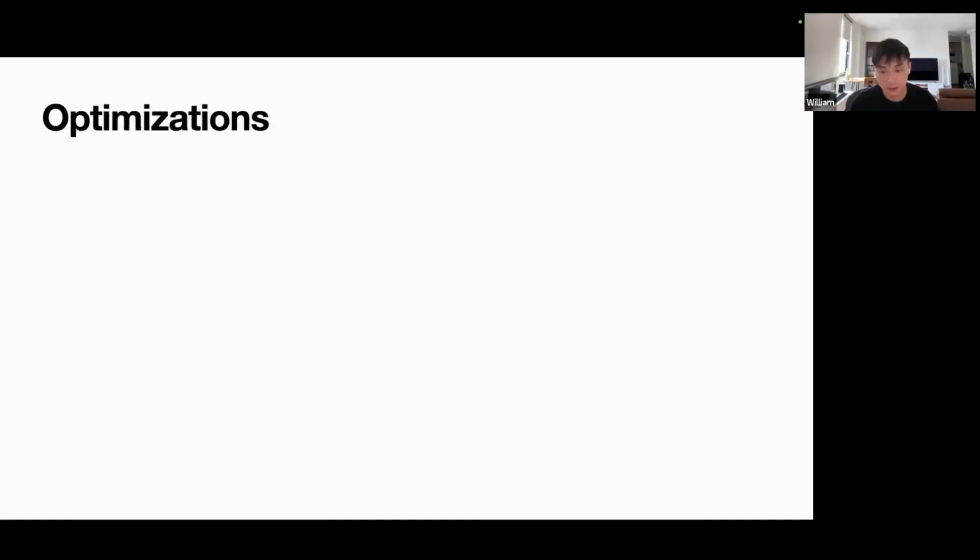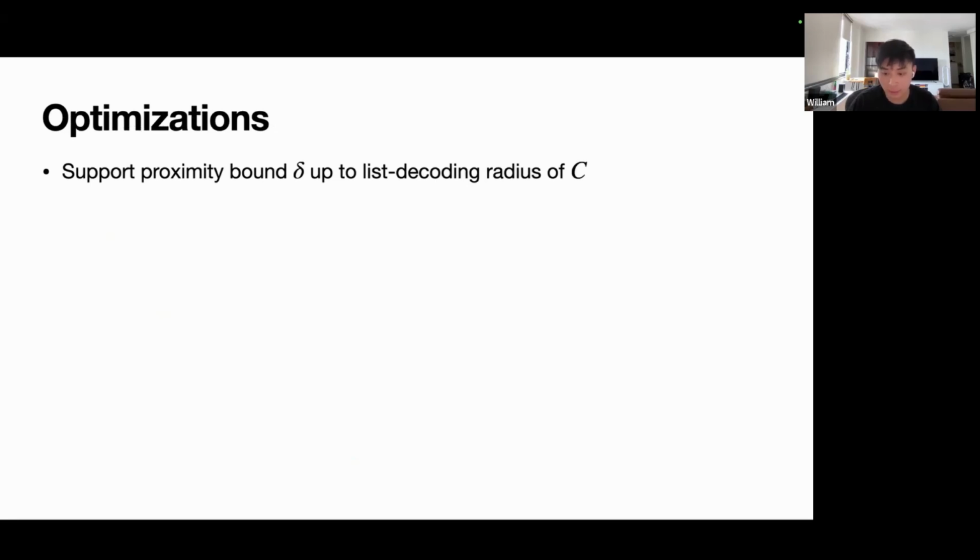Okay. So we also have some optimizations that we talk about in the paper. The first is, yes, so far in this talk, I've only focused on delta being within the unique decoding radius of the code, but we can also support a proximity bound delta up to a list decoding radius of the code, assuming that a suitable proximity gap exists. In this case, it's a bit more complicated, but roughly it's still the same as before.